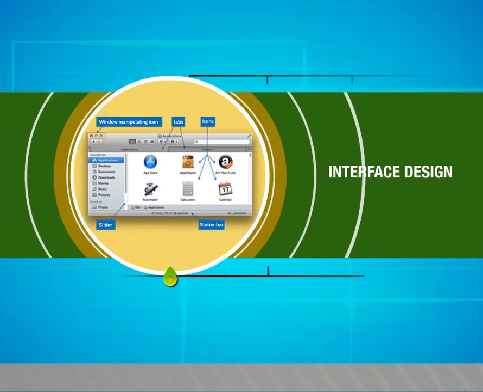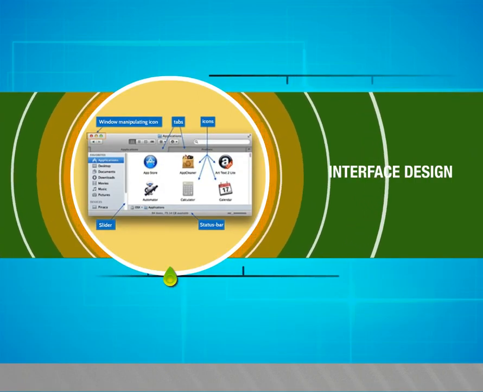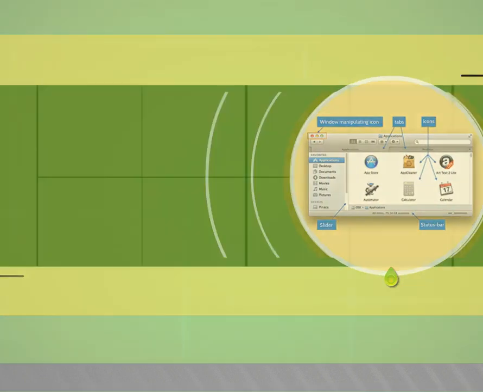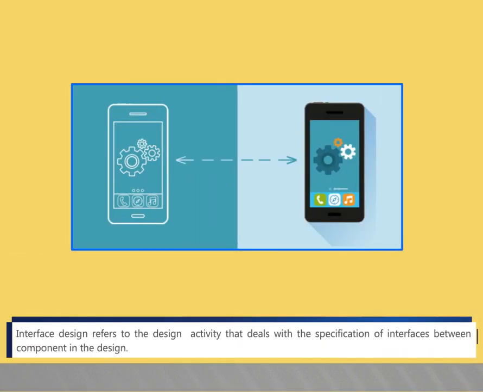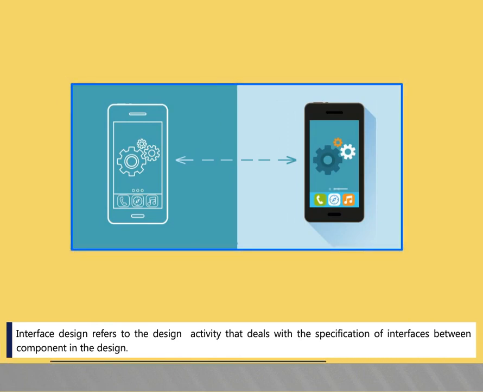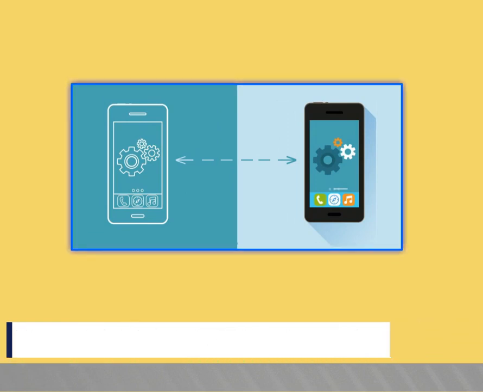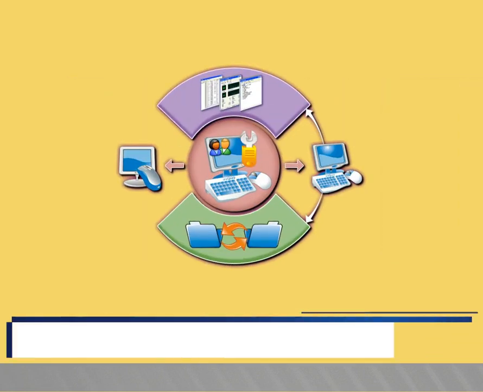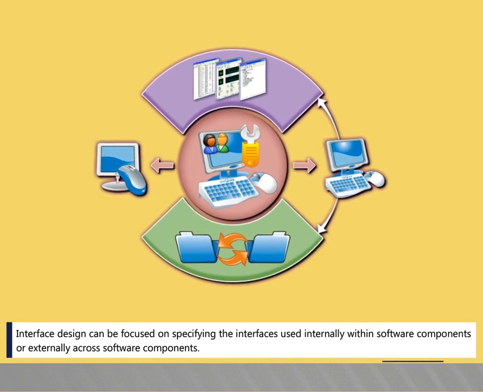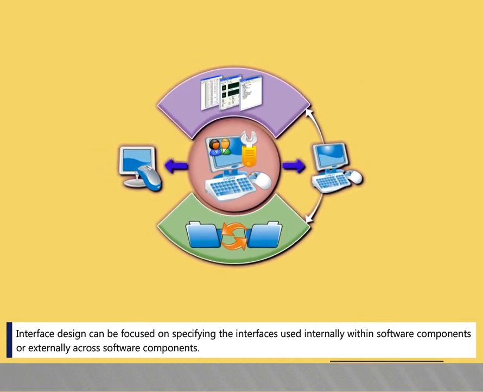Interface design. In this video, we are going to see about interface design. Interface design refers to the design activity that deals with the specification of interfaces between components in the design. Interface design can be focused on specifying the interfaces used internally within software components or externally across software components.